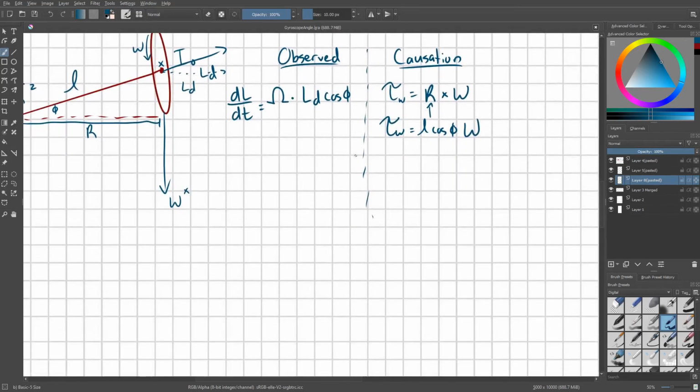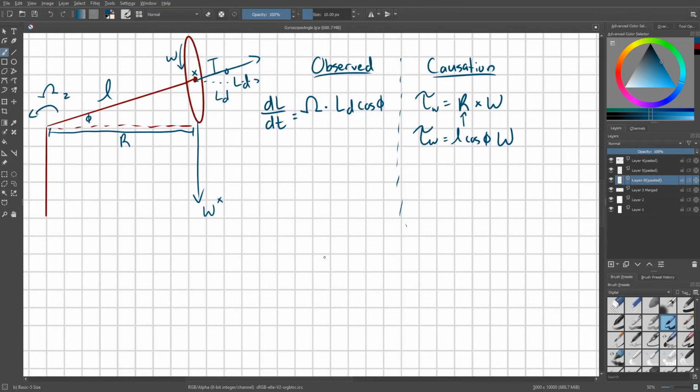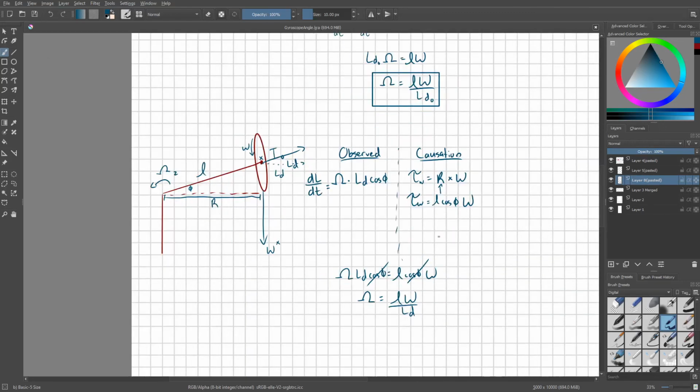If we set these terms equal to each other, we get that omega L_D cosine phi equals L cosine phi times the weight, and our angles cancel each other out, leaving us with this big omega equals L times the weight over L_D.